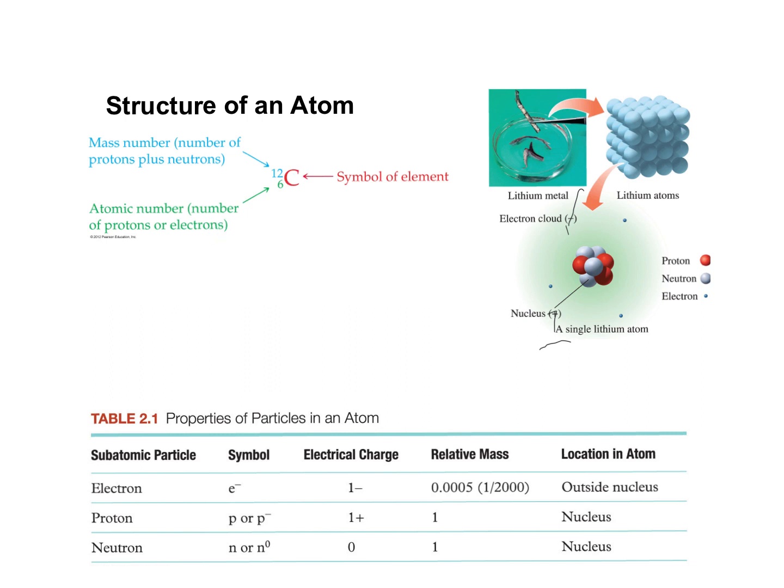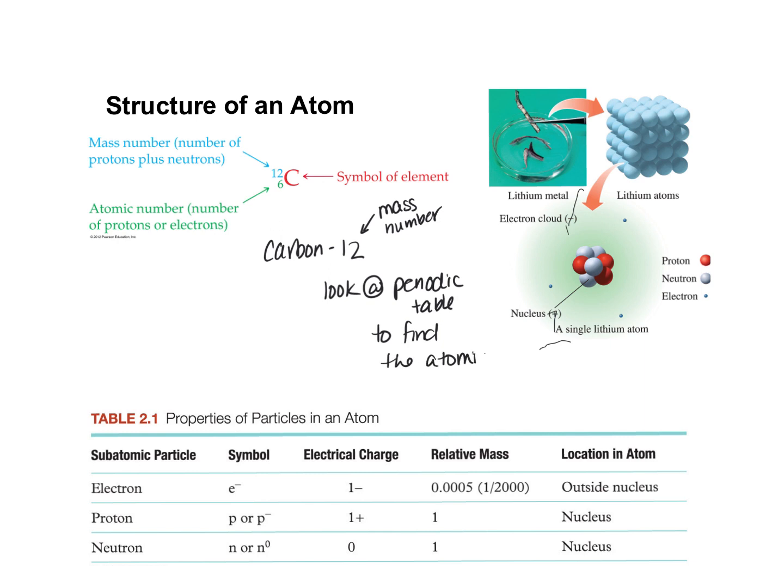Now, when we talk about this, we also remember that this carbon can be written as carbon 12, where that is the mass number. And you have to look at the periodic table to find the atomic number. If you don't have a periodic table handy, my suggestion would be to pause this and go ahead and grab your periodic table because we're going to use it in just a minute.